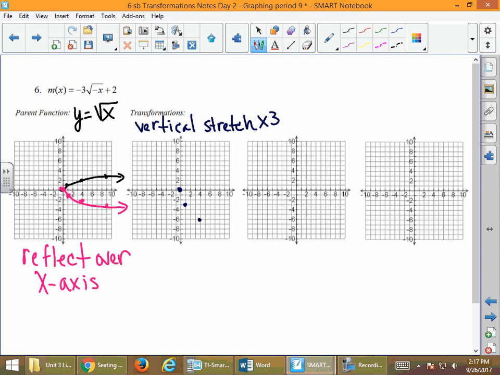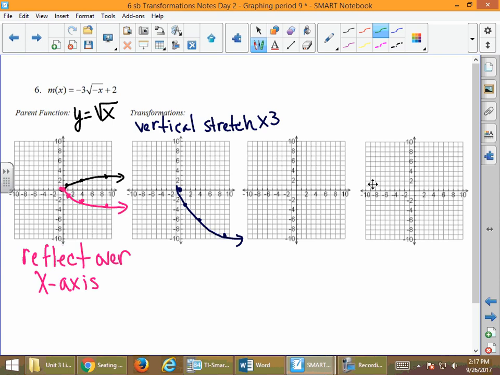And the 9, negative 3, the negative 3 is going to be multiplied by 3, so negative 3 times 3 is negative 9. 9, negative 9. And there we have our second transformation. Leads us into our third transformation.